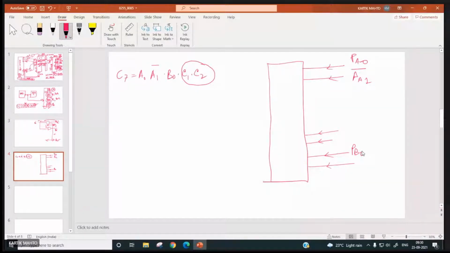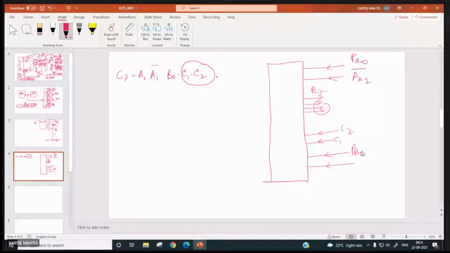No. You cannot do that in simple IO mode, because in this case PC upper we are declaring as output, so this will be C1, C2. Similarly, PC7 we are declaring as output, so PC7, PC6, PC5 and PC4 all will be output. So you cannot use this one.